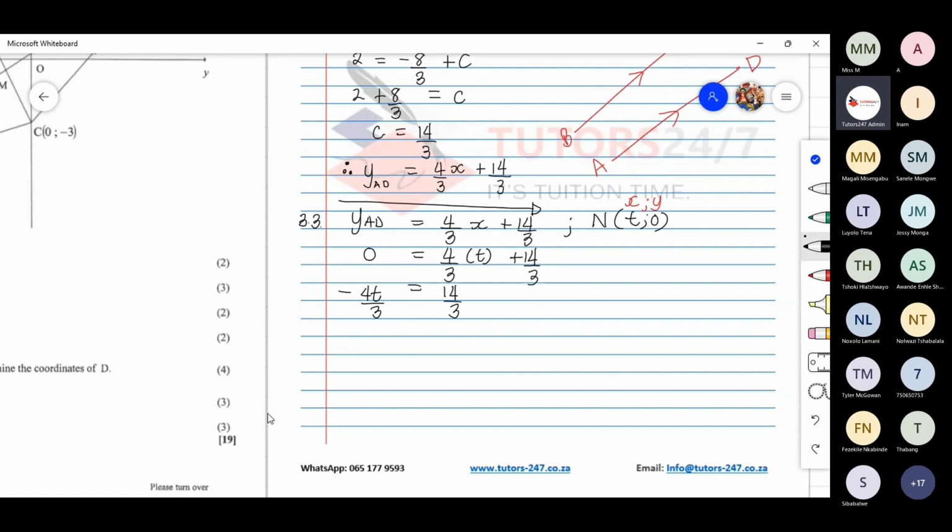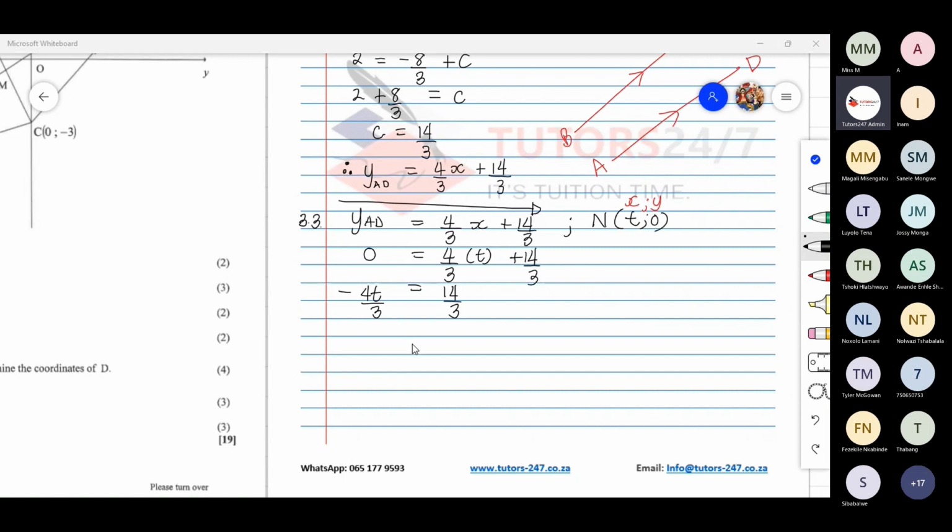You can either divide both sides by negative 4 over 3, which I feel is the fastest approach. Alternatively, you can cross multiply, then divide, which I feel is a longer approach. Those are basically the approaches that you can take. So I'll use both approaches, and you can see which you prefer, and that will be the method you can progress with.